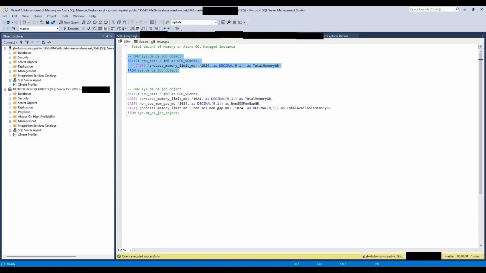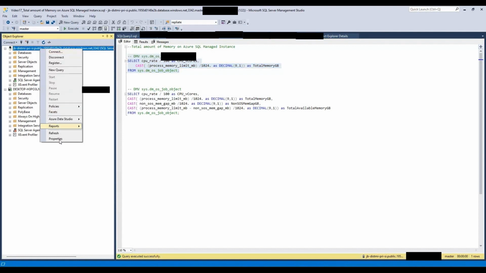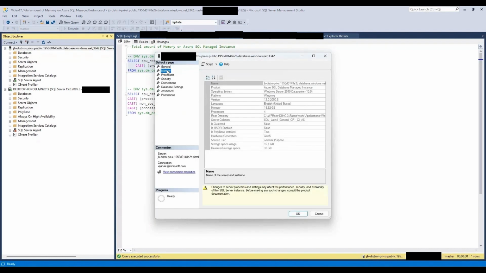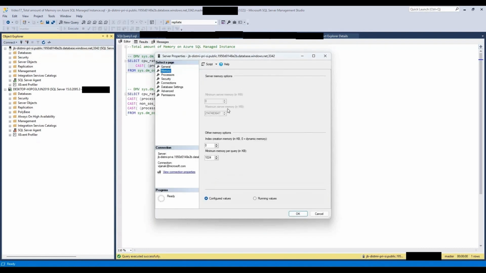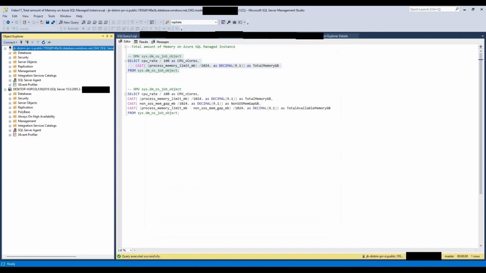On Azure SQL Managed Instance, currently there is no possibility of controlling the max server memory setting. For example, if you look at the properties of this instance and go to the memory settings, there is no way we will be able to modify this setting. This is taken care of by Azure SQL Managed Instance itself. So that's the thing as far as the max server memory setting is concerned.